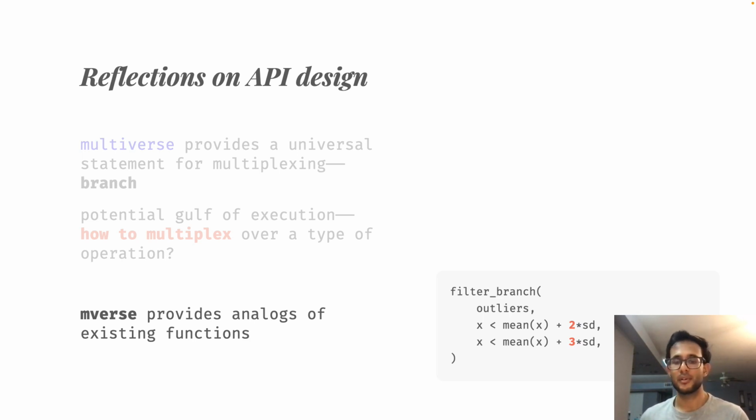This makes it easier for a user who is familiar with the regular function of filter to implement the multiverse analog, but creates a challenge if they are trying to implement something in novel scenarios, as mverse may not support it, and is not flexible enough to be adapted for use in new ways which the creators have not yet identified. For instance, what if there is no analog that exists?